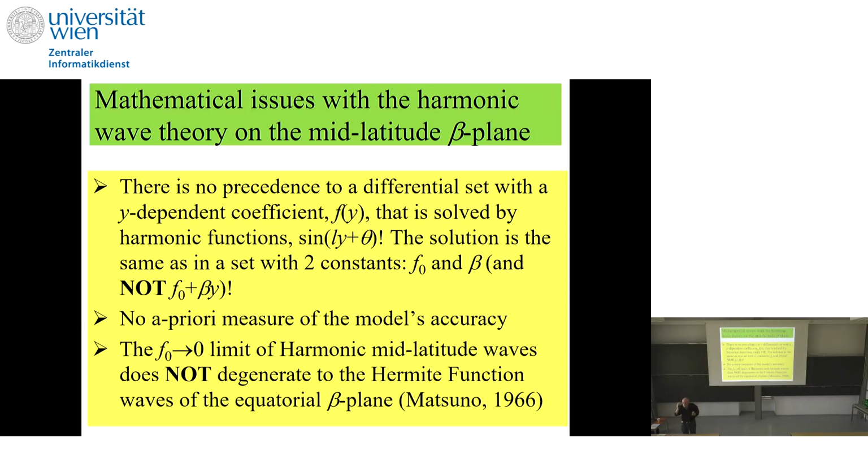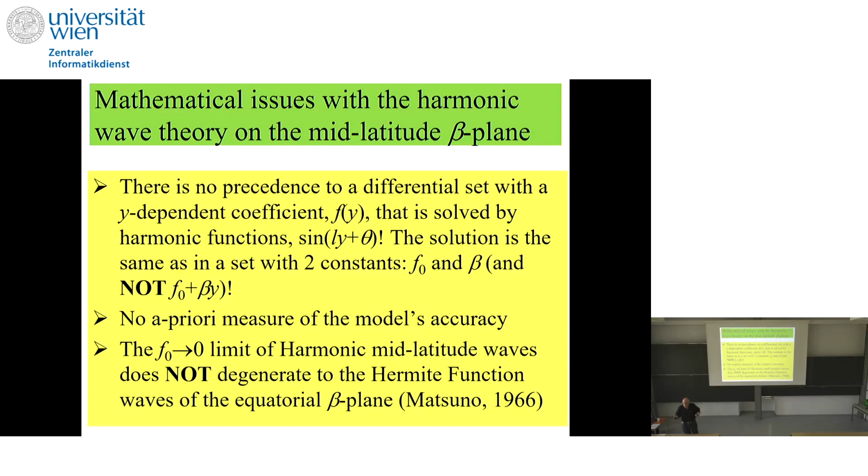You can also move it to the equator. In the equations, f0 doesn't appear in a singular form. It doesn't imply singularity or qualitative change in the equations. But if you send f0 to 0, then you do not get the results that we know when we solve the same equations on the equator.